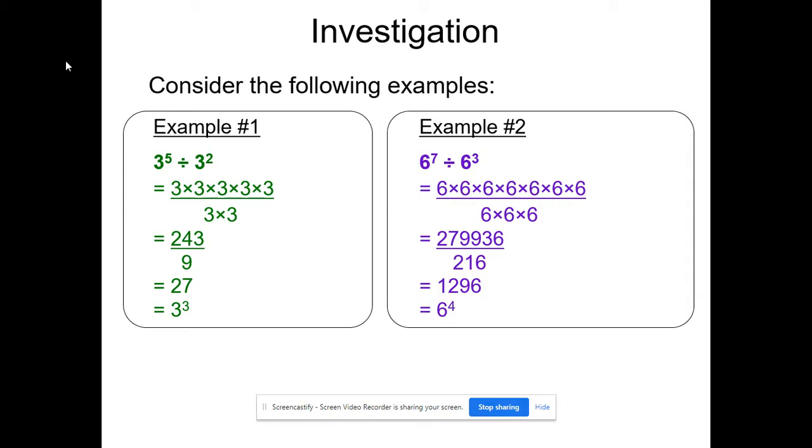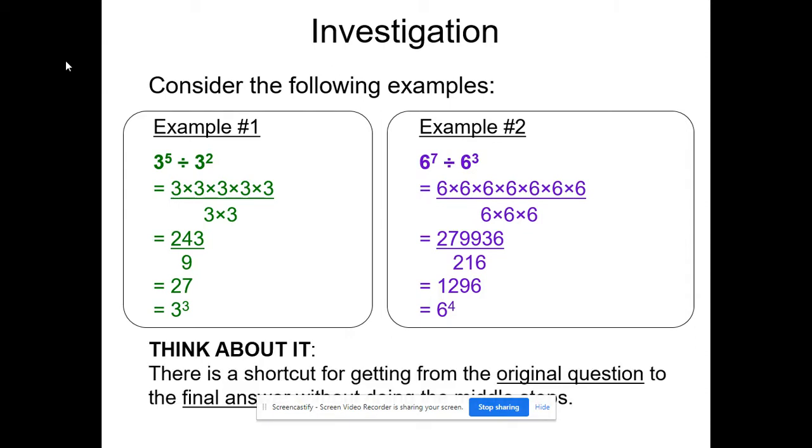So what I'm going to ask you to do is to ask yourself what the shortcut is for getting from the original question to the final answer without doing any of the steps in the middle. So I want you to think about that original question, the final answer. How could you get from the question to the answer without having to do all of those steps?